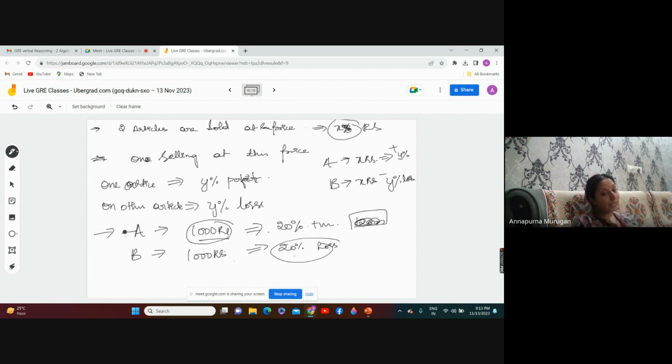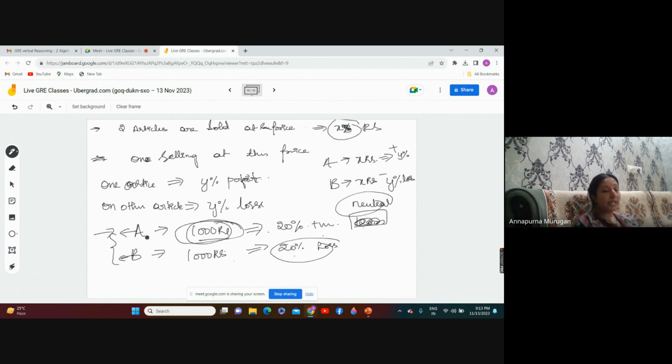Only if the cost price of the articles is the same will it be neutral, meaning he gains no profit and no loss. For example, if it were 800, then it would be neutral, with no profit and no loss.